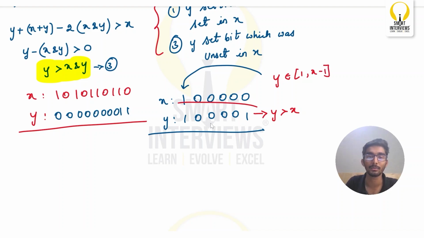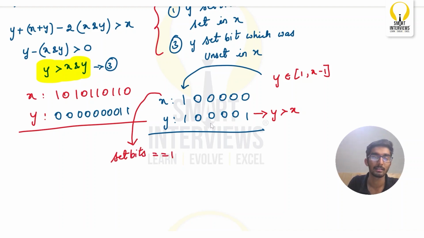So we can't have this value. So when x has number of set bits as 1, we can't form a triangle.